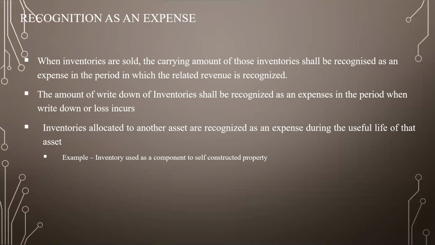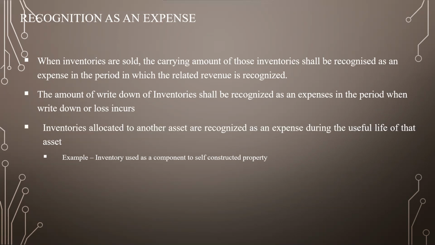That's the broad guideline we have all been brought up on. Similarly, in inventory, when inventories are sold, the carrying amount of those inventories shall be recognized as an expense in the period in which the revenue is recognized. That's a broad principle. There is nothing new as far as this standard is concerned.